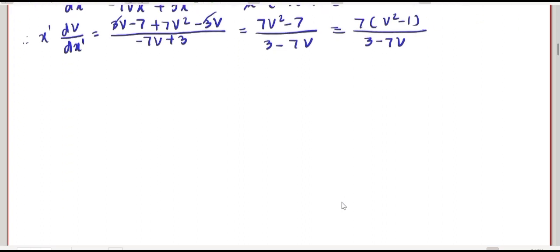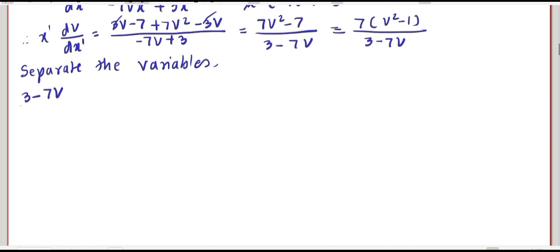So we get (3 minus 7v) divided by (v square minus 1) dv is equal to 7 into dx'/x'.